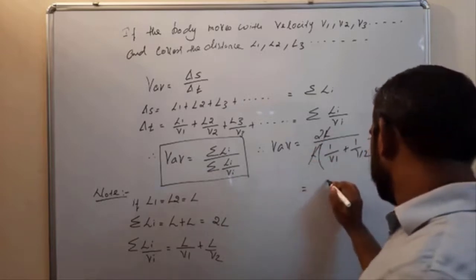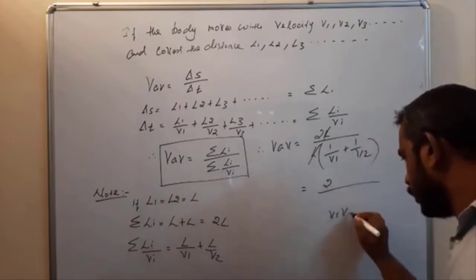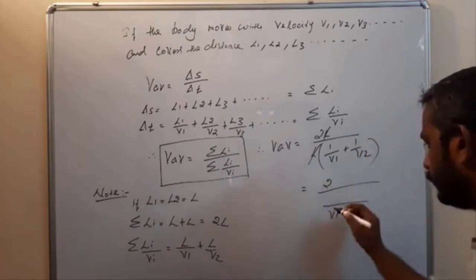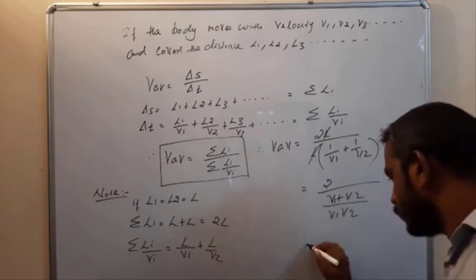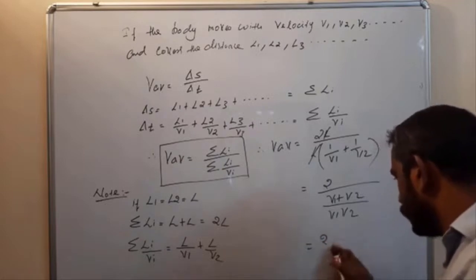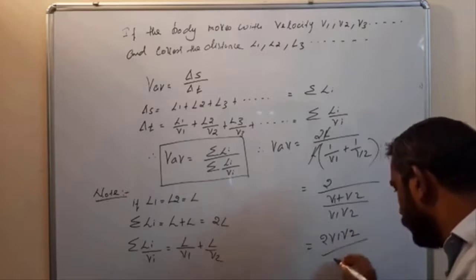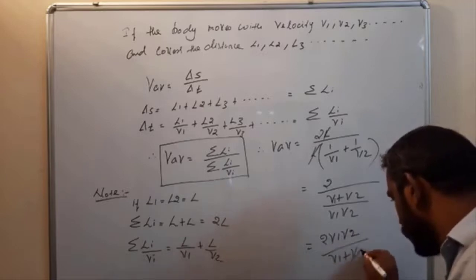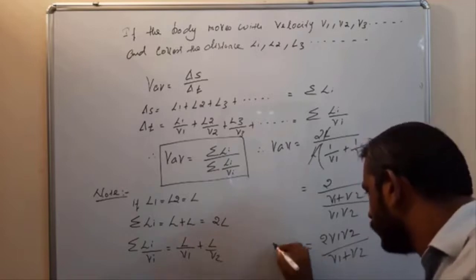So that's equal to 2 divided by, take LCM, that is V1 V2 divided by V1 plus V2. So that's equal to 2 into V1 V2 divided by V1 plus V2. That is VAV.